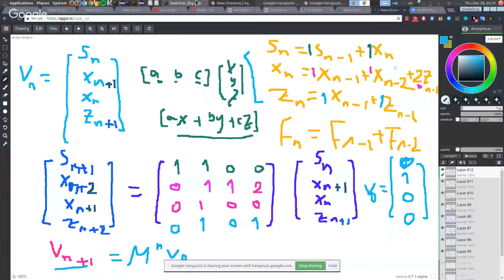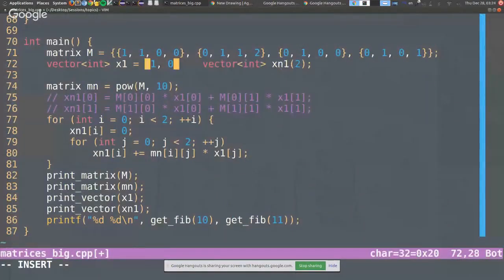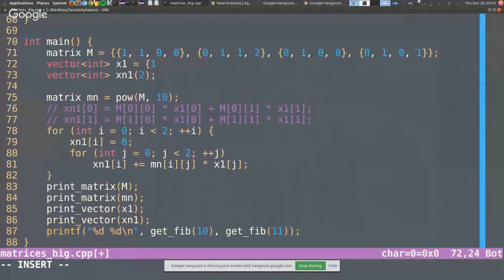And as you can see, the base vector is 0 1 0 0. This has now power 4.